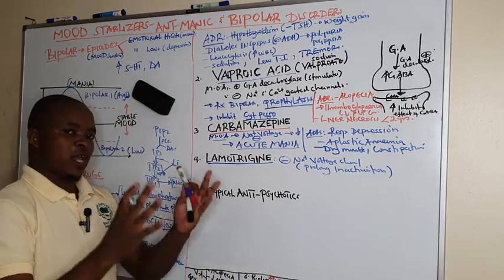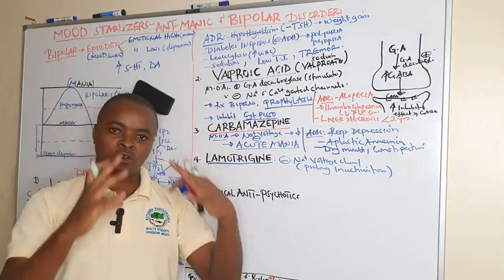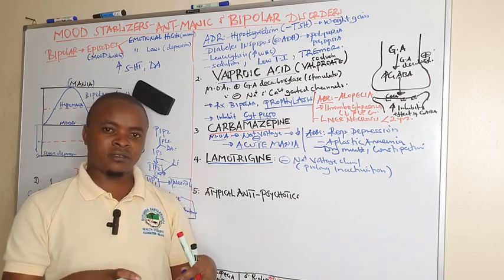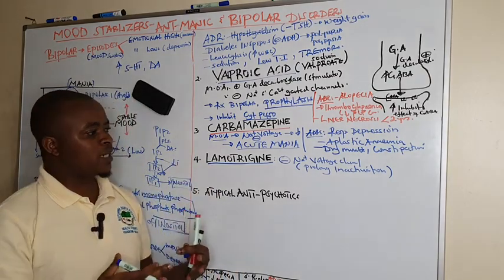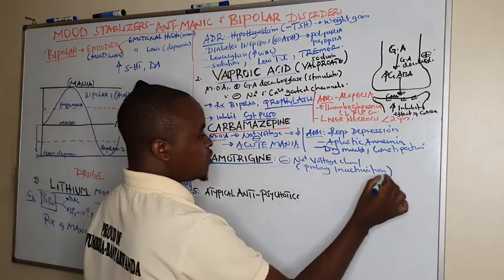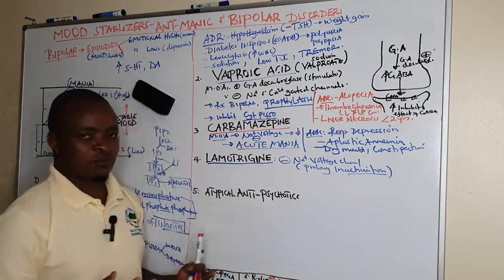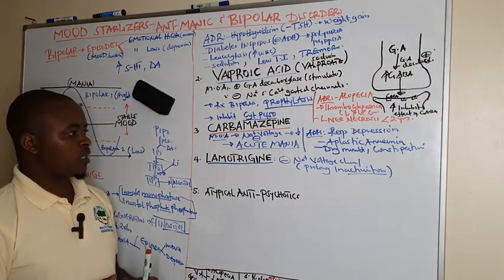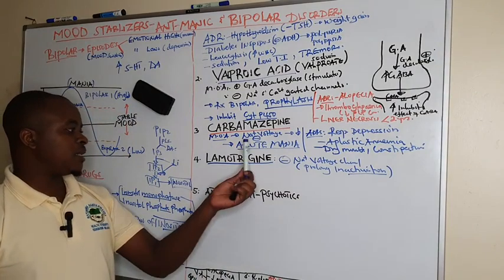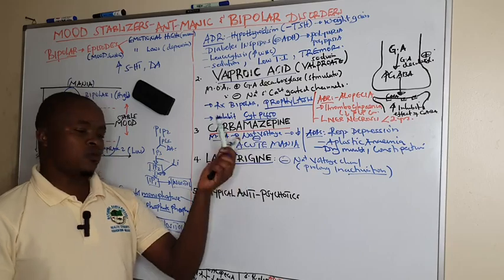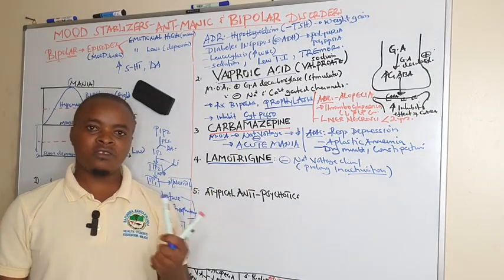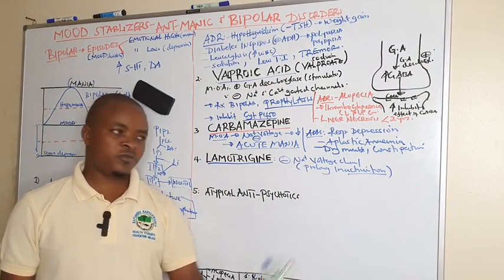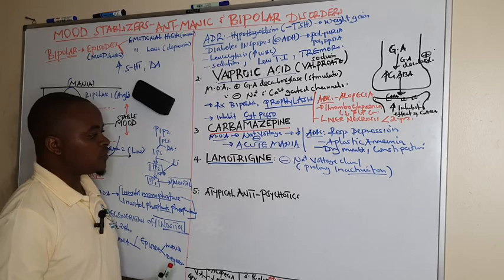Once sodium channels open, they make them keep open, so they prolong inactivation so that they do not transmit an action potential. This is what we see with carbamazepine and lamotrigine, which are antiepileptic drugs prolonging inactivation of sodium-gated channels.